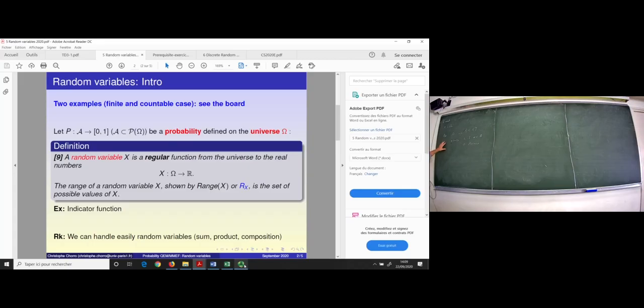And I will come back to this example later on, so that's why I give it here, because it will also be used in the next propositions or definitions. So the indicator function is a mapping from my universe into 0, 1, that is equal to 1 when the element omega belongs to A, and 0 when omega belongs to A complementary.